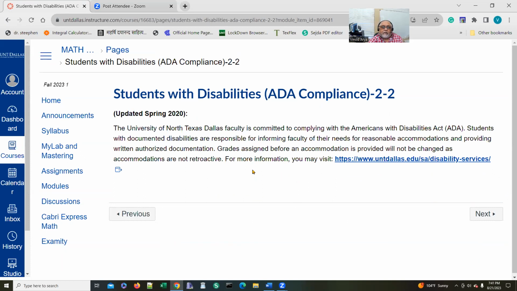And as I said, disability accommodation should be accessed to me through the disability office at the university, because they have the authority to evaluate your case and recommend to me the suitable accommodation, and I will comply with that.